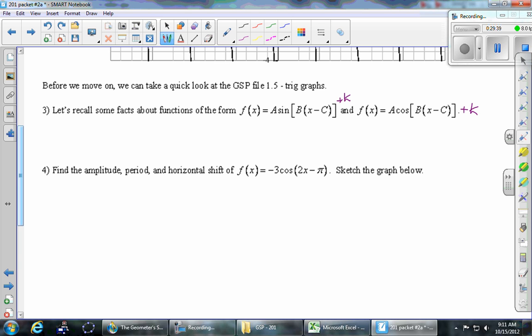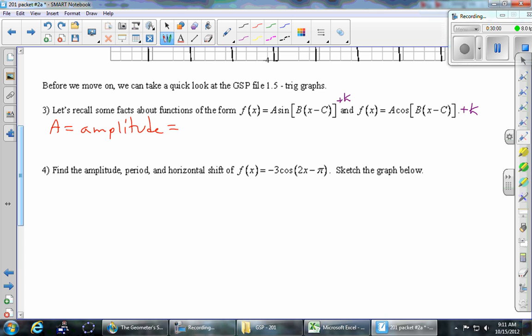So first, the number a. Anybody remember what it's called? A is the amplitude. And can somebody explain, without using the word amplitude, what is amplitude? Half of the magnitude. What's the magnitude? Super.